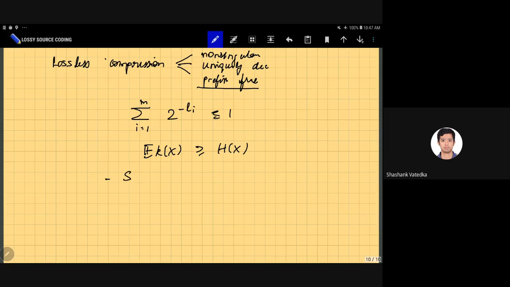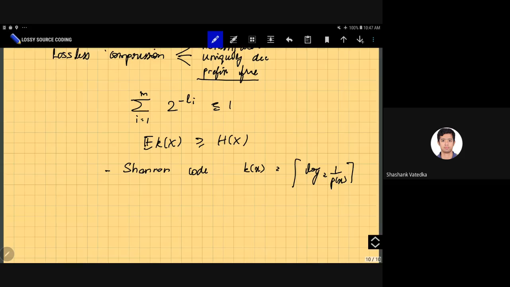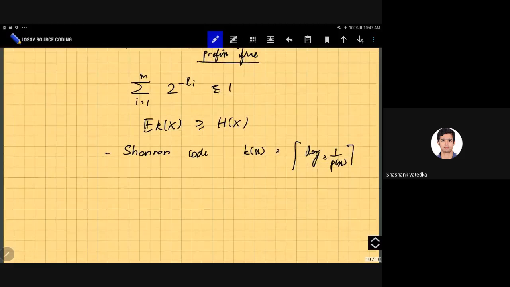So we saw the Shannon code, where you assign a code word length of ceil of log 1 over p of x, and then you use the achievability part of Kraft's inequality to design the code words themselves. And then the Huffman code, which achieves the minimum expected length.